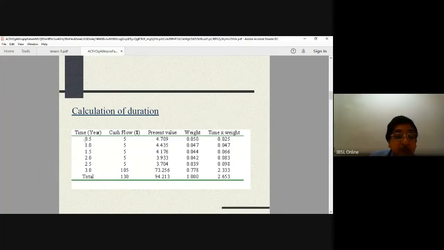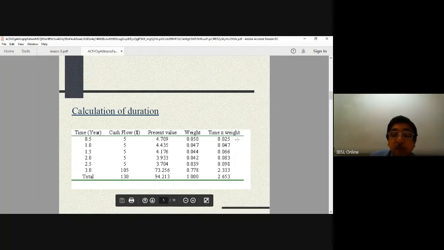I can give you some guidance. 0.5 when you square it is 0.25. 1 squared is still 1. 1.5 squared is 2.25. 2 squared is 4. 2.5 squared is 6.25. Likewise, 3 squared is 9.